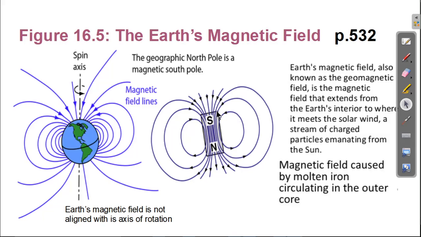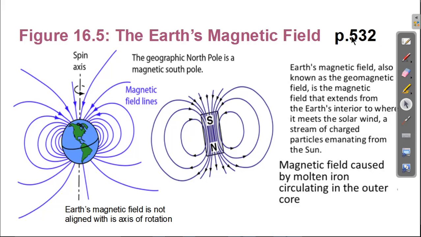Okay, and these lines right here that you might need to be able to draw. I'm not going to say anything about it, but you might be able to draw this on your own. You should probably be able to do that. They will come out and go as far as where the solar wind stops them.